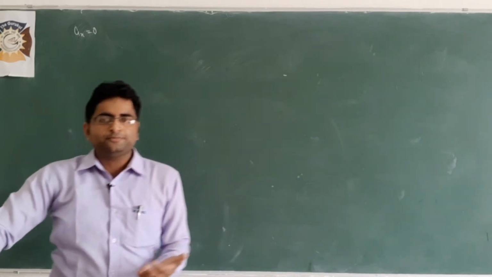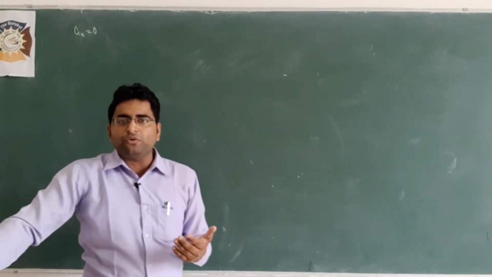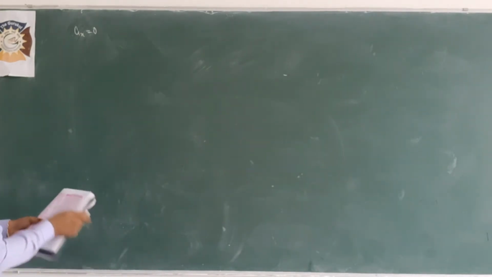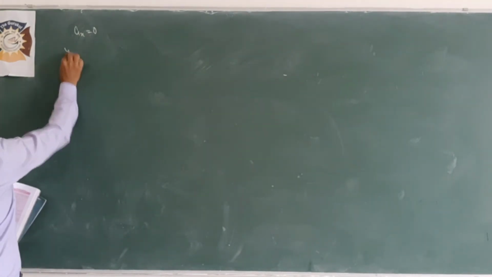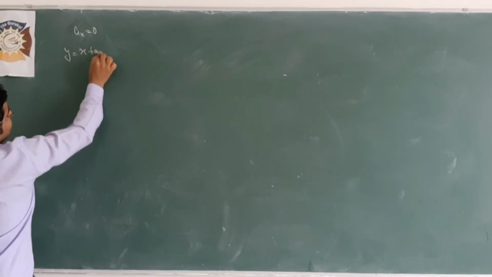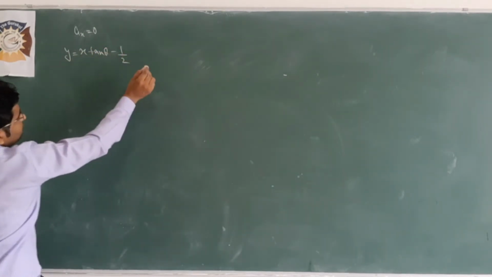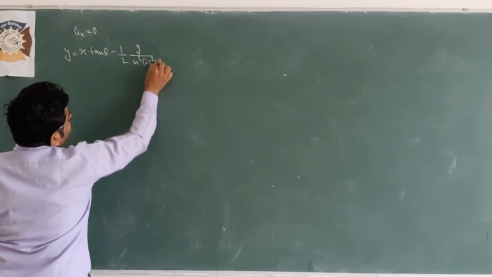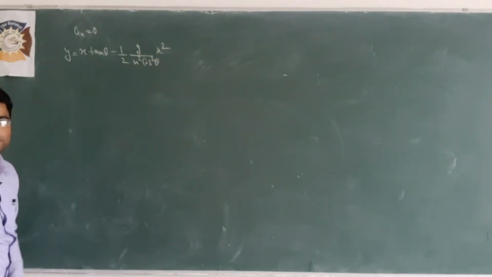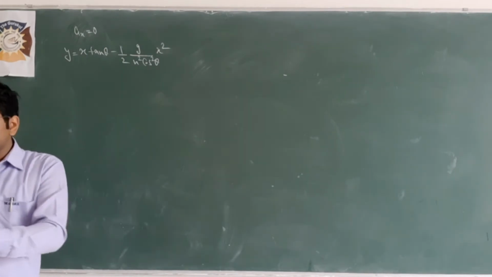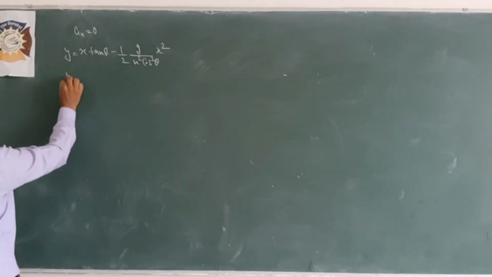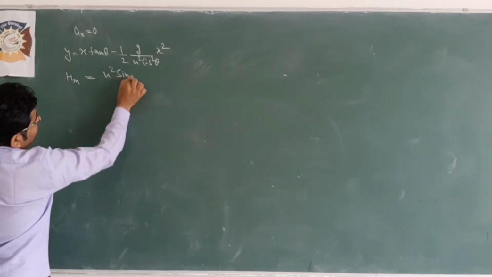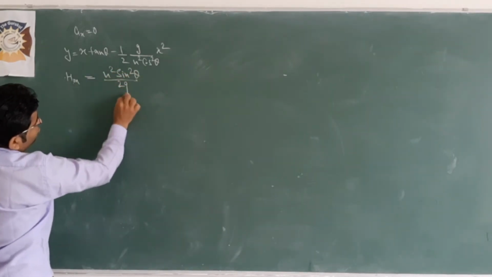First expression is for the equation of trajectory, and that was y equal to x tan theta minus 1 by 2 g upon u square cos square theta into x square. Clear? And beta, after that we have calculated the expression for maximum height, u square sin square theta upon 2g.